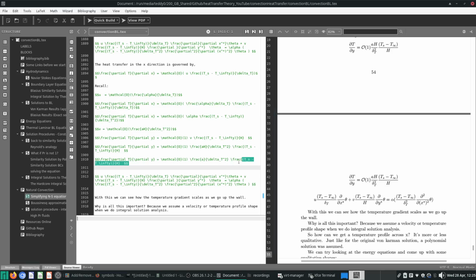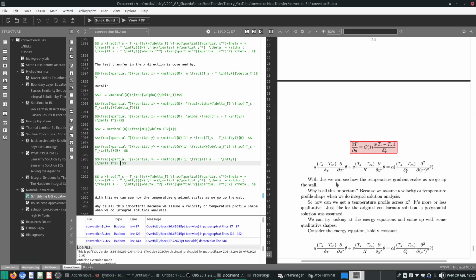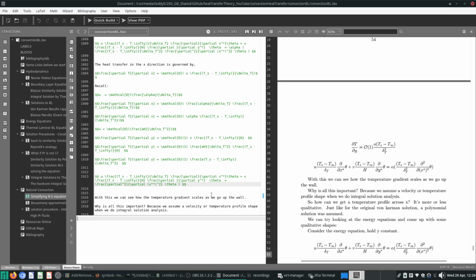Now, basically, what this is saying is that I can just take all the coefficients off, and we'll have a fully non-dimensionalized equation here.